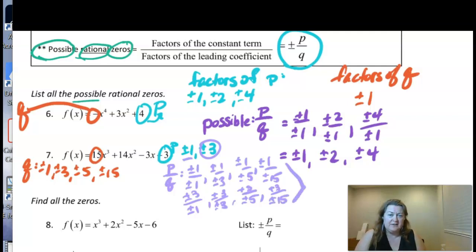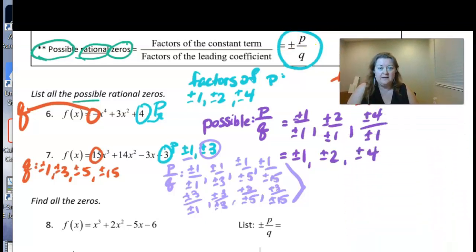So what do those simplify to? Because we don't have to do repeating numbers if there aren't any repeating numbers. All right? So 1 over 1 is really just a 1. Then I see a 1/3. Then I see a 1/5. I see a 1/15. 3 over 1 is 3. 3 over 3 is 1.